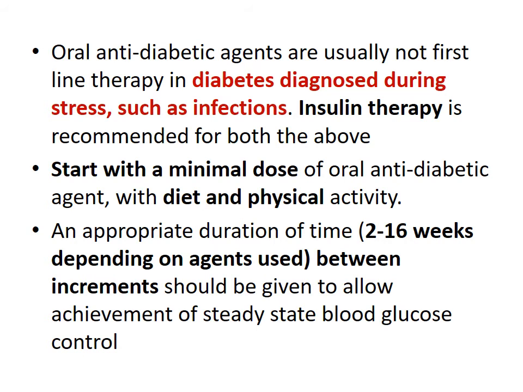The dose of the drug should be allowed to work for about 2 to 16 weeks, depending on the agent used, and then we can increase the dose of the drug to allow control of the plasma glucose level.